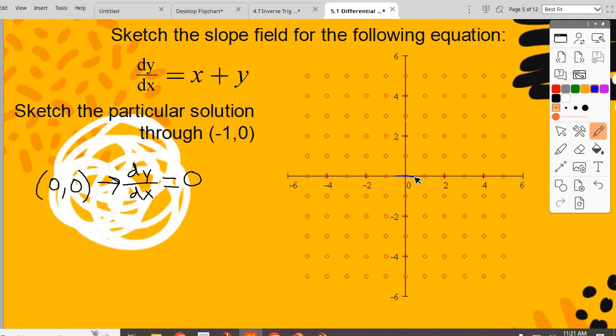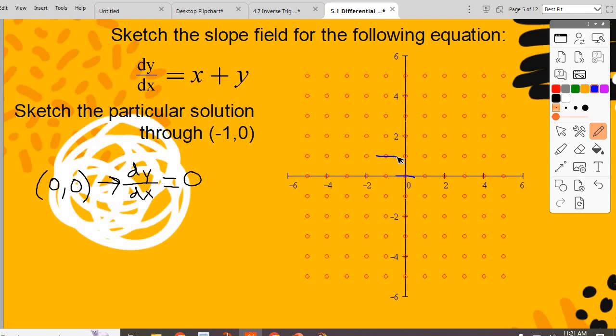Now, again, we want to try and generalize that. So this time if I plug in 0 for x, I'm not always going to get 0. However, if I plug in, say, a -1 and a +1, if my x and my y are opposites of each other, I will get 0 in that case. So if my x was -1 but my y was +1, we would get 0.